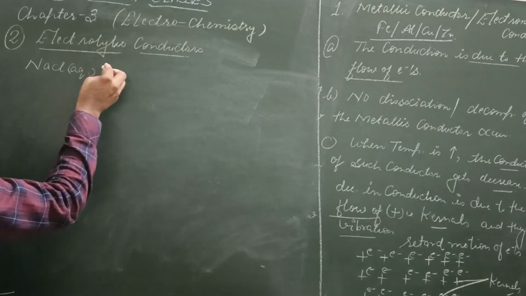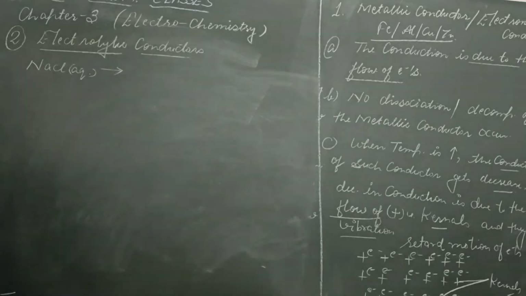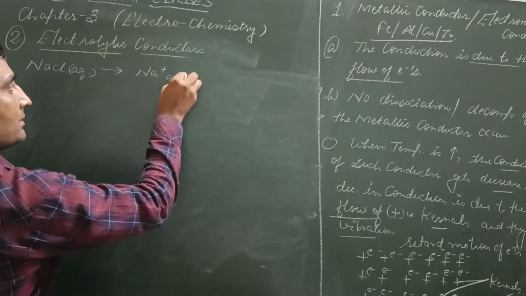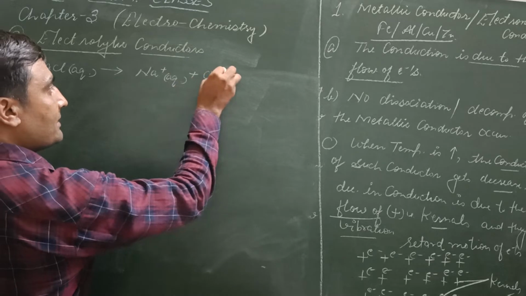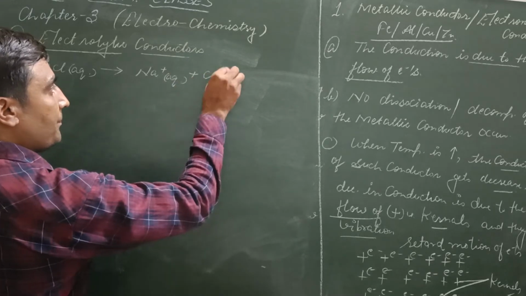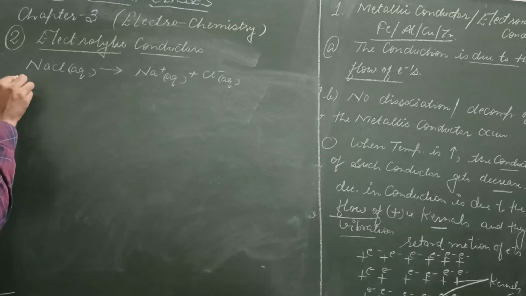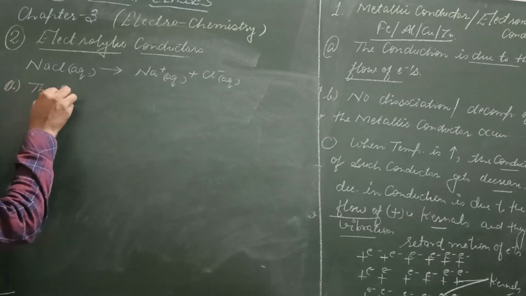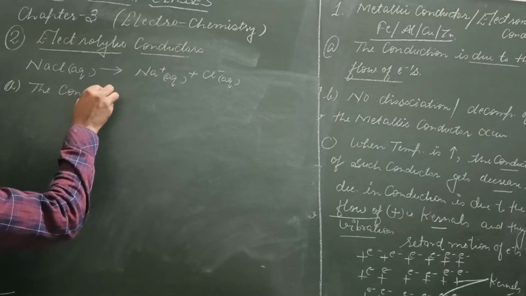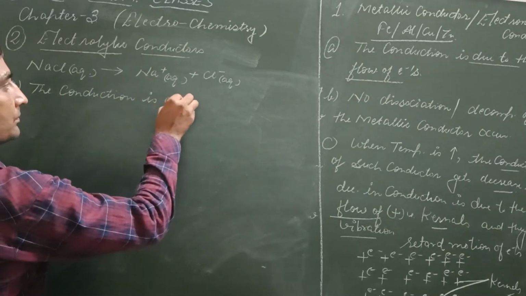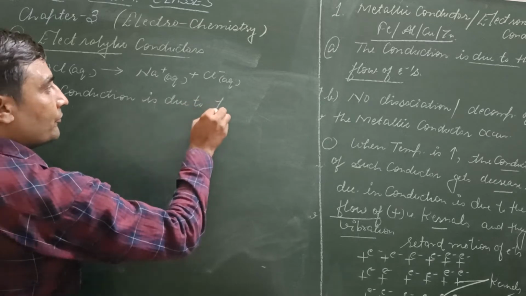NaCl gets dissociated in aqueous solution into its ions, Na+ (aq) plus Cl- (aq). Here the conduction is due to the flow of ions.